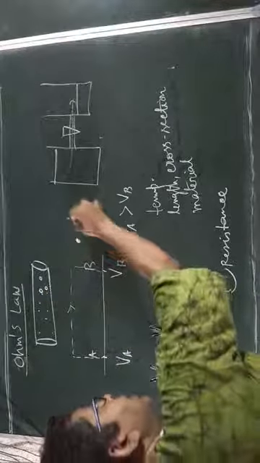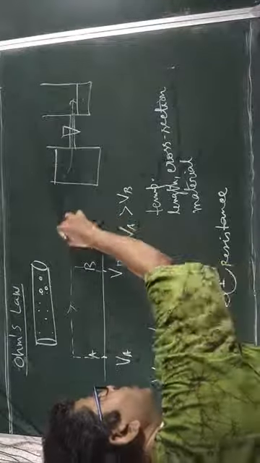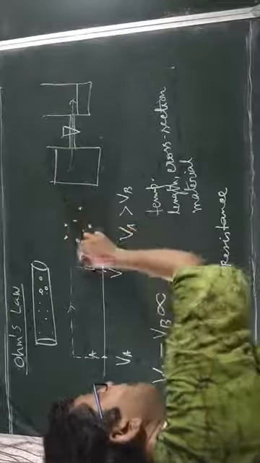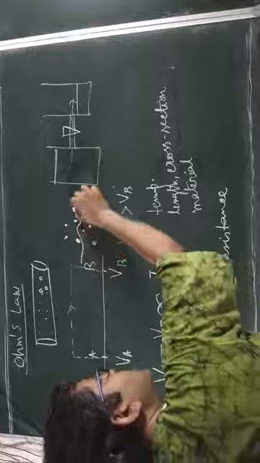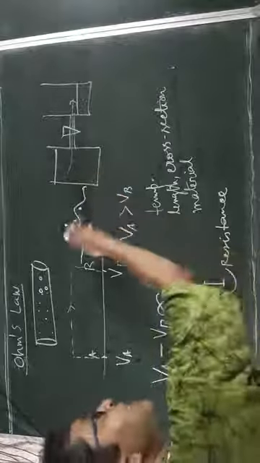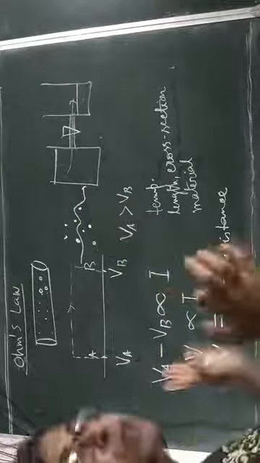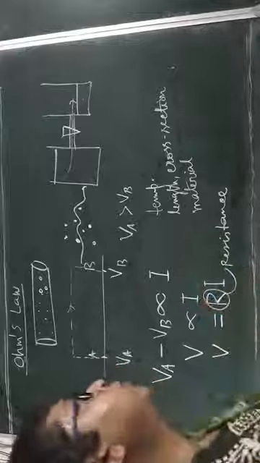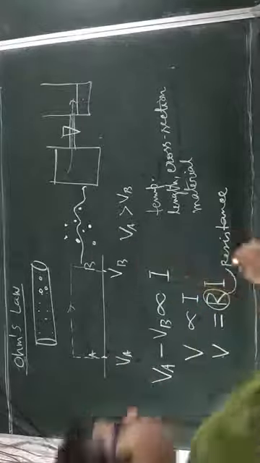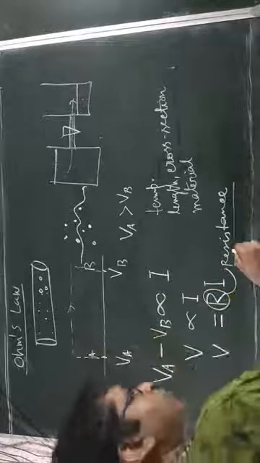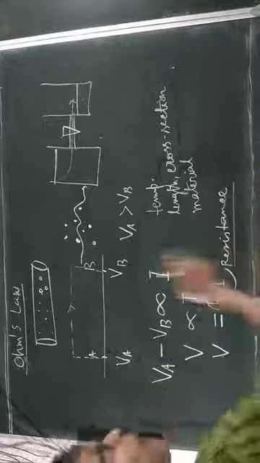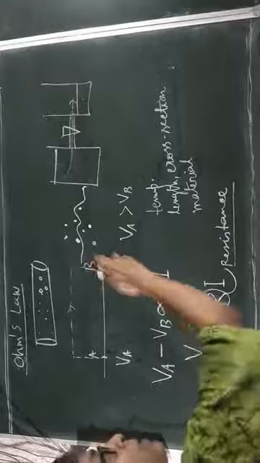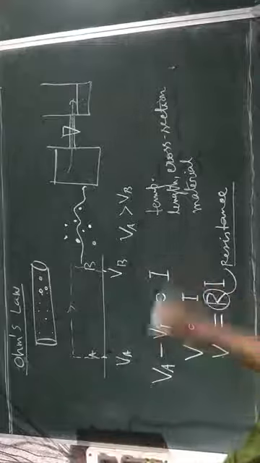Here the electrons have to move through the gaps between the atoms of the conductor. So these atoms try to obstruct the motion of the free electrons, and that obstruction is called resistance. This is the obstruction applied by the material atoms of the conductor against the flow of free electrons.